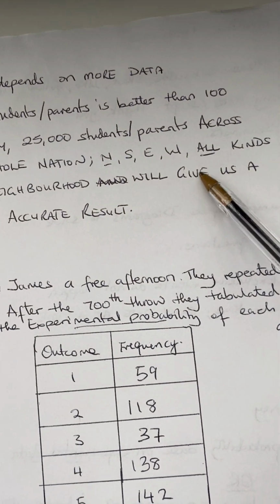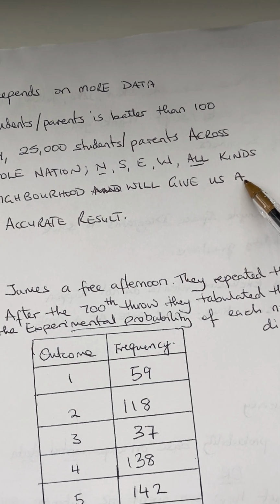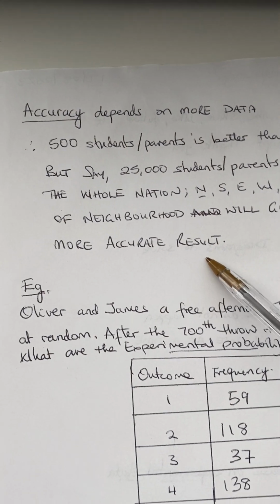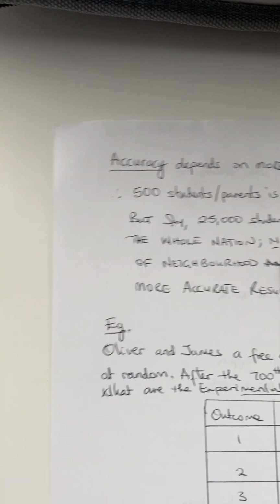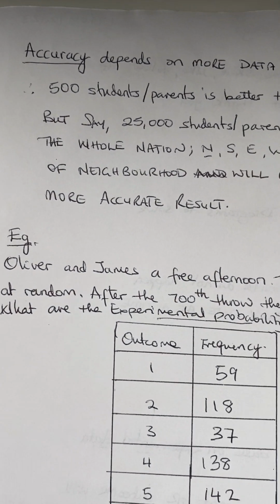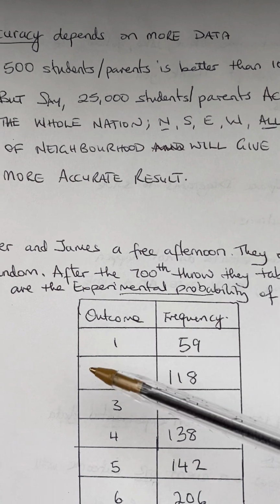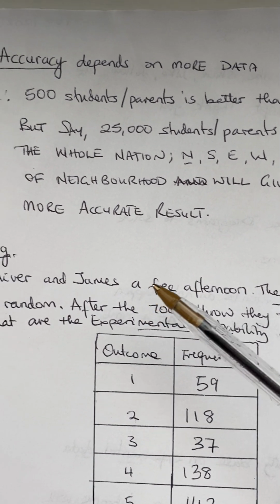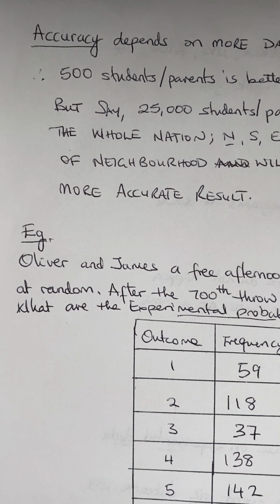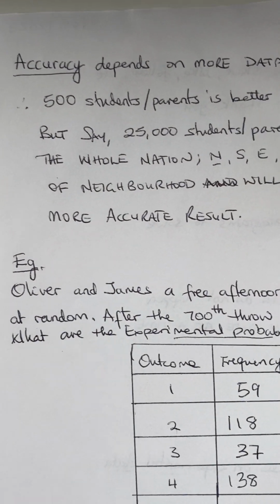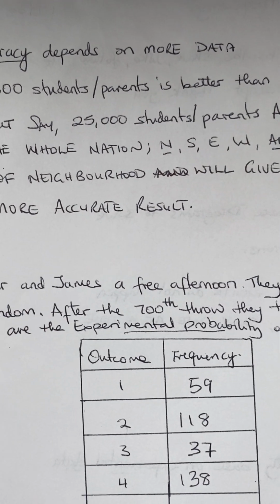That will give us a more accurate result, okay, because even with the 500 that we just saw, we don't know what neighborhood that is. Okay, so it can be a middle class, it can be the rich neighborhood, it can be the poor neighborhood.